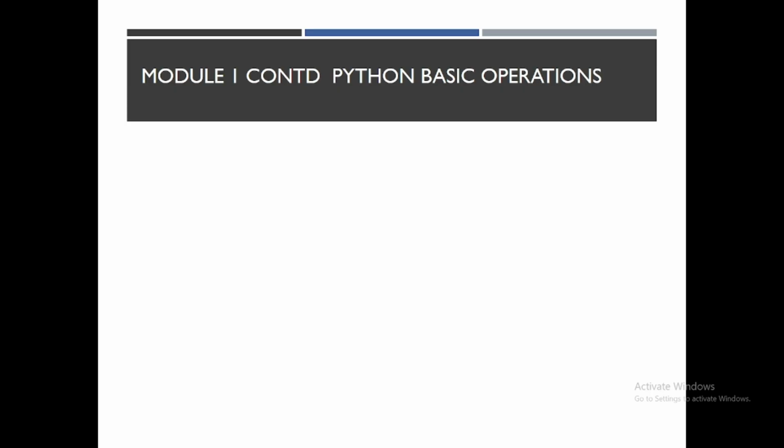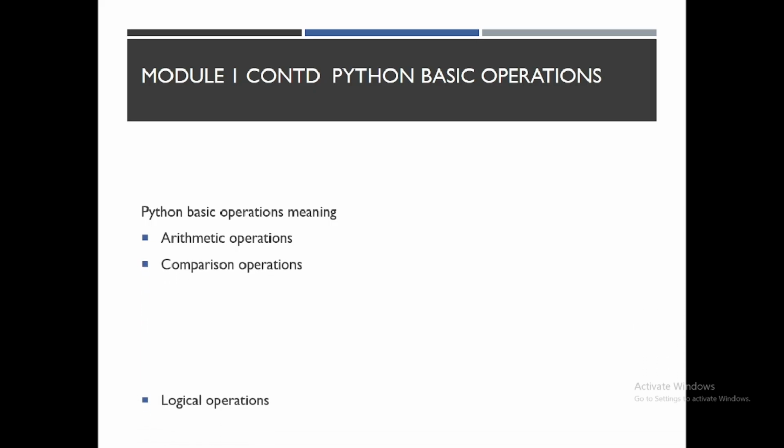In this video, we are going to be looking at the following: the meaning of Python basic operations, arithmetic operations, comparison operations, and logical operations. We've already talked about what Python basic operation means. So what are arithmetic operations?